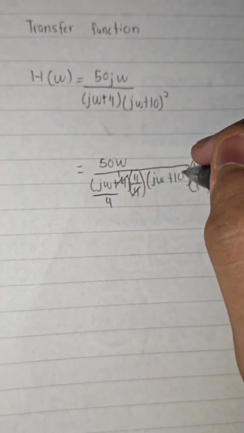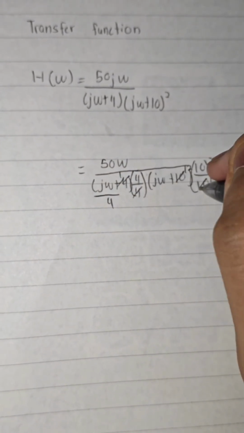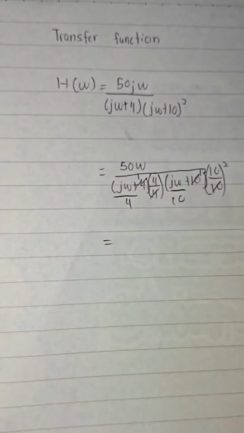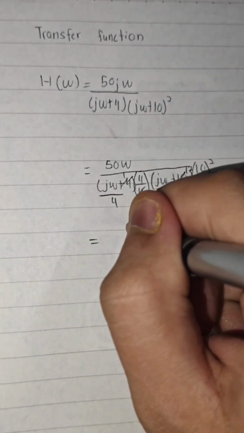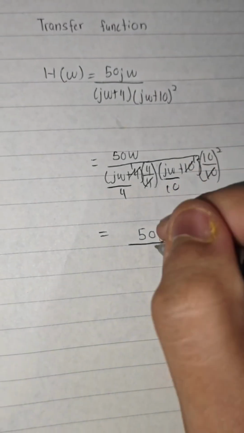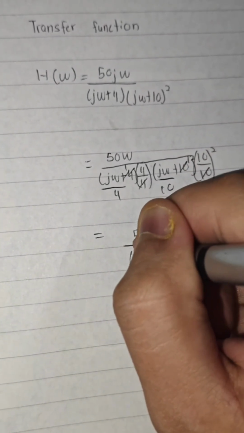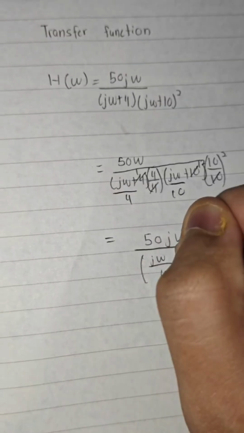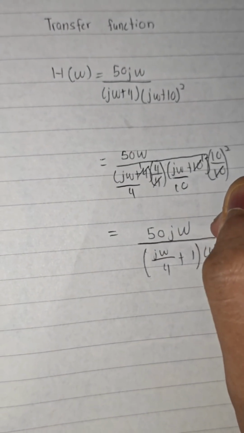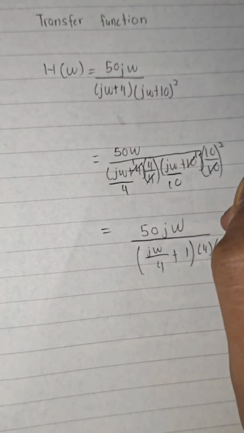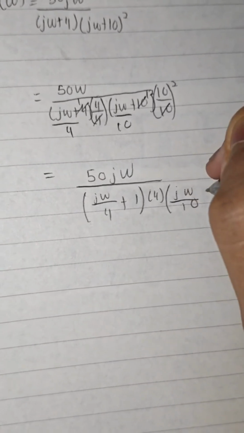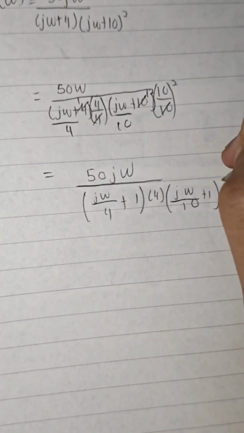Same here, the 10 becomes 1, so j omega over 10. So the equation will look like this.